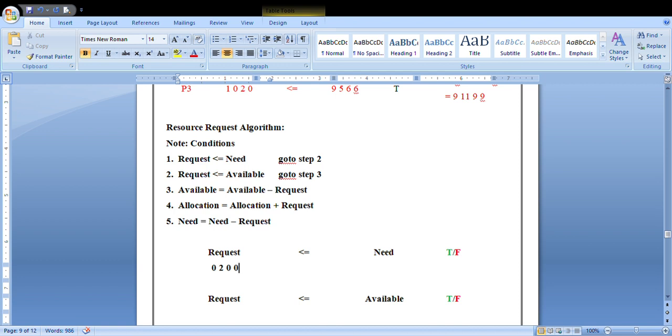You have to check whether this request value is less than or equal to the need value. The process P1 is requesting new resources, so you have to check the need value of that P1 process.